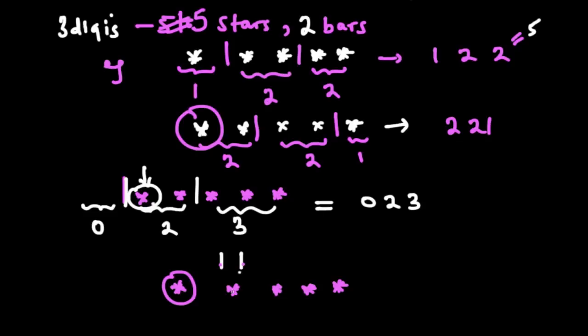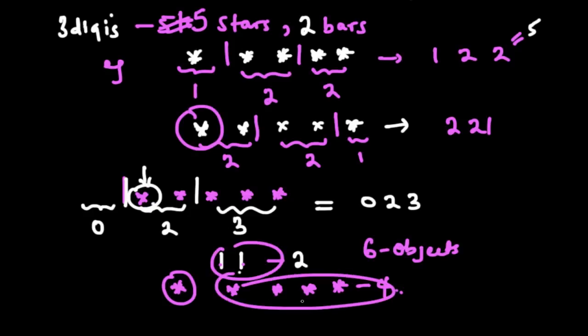You have 1, 2, 3, 4, 5, and 6. So you have 6 objects that contain 2 bars and 4 stars. So the only option you have now is to consider the number of arrangements of the remaining objects, and that's just going to give you 6 factorial divided by 4 factorial times 2 factorial.